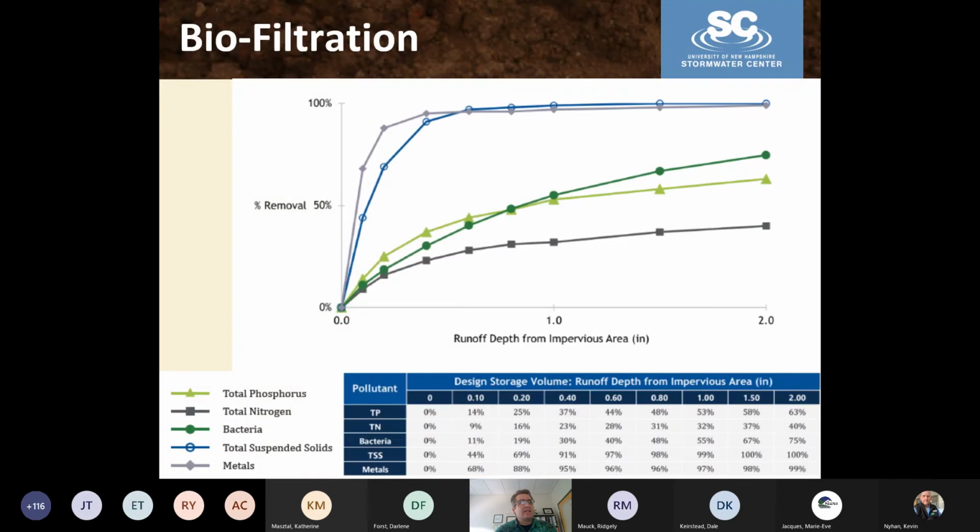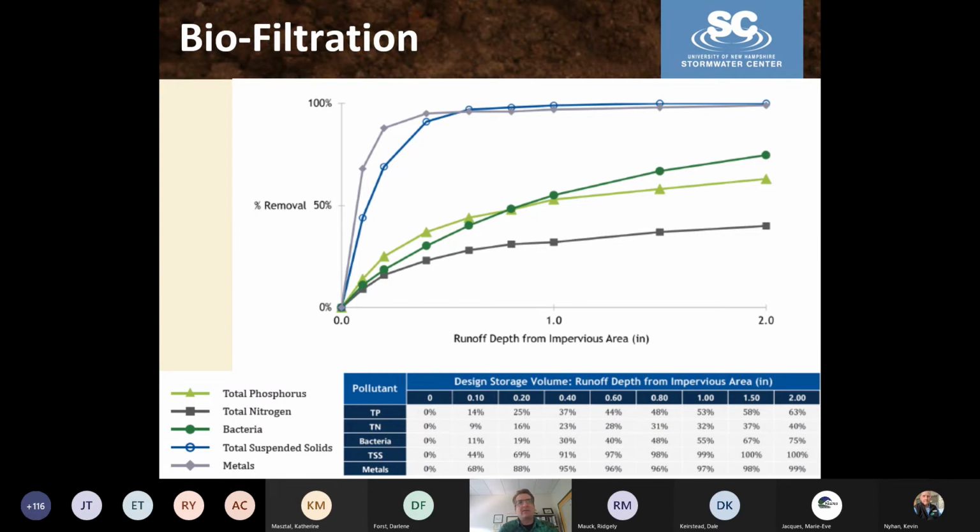So there are performance curves for biofiltration. There's a little nuance here that I should cover. Biofiltration is different than what I called bioretention. Biofiltration refers to only the treatment of that actual filter system.